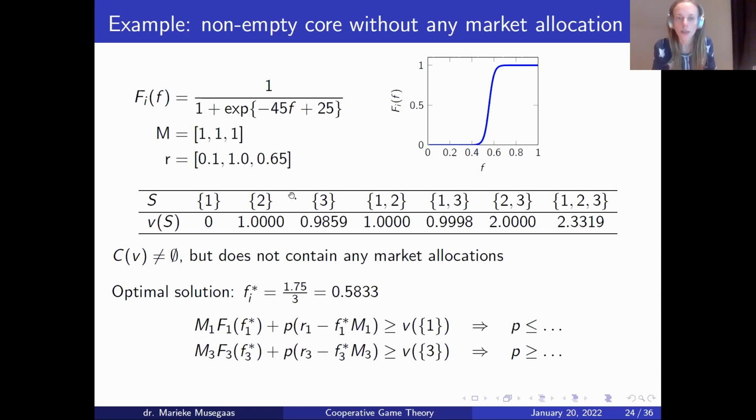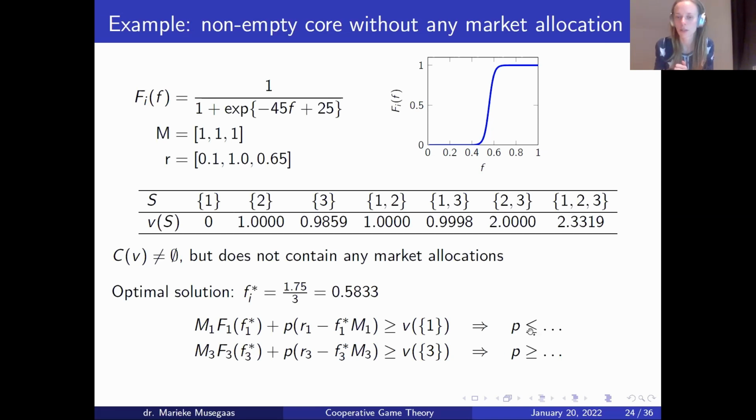Country 3 has to sell some resources. Initially they had 0.65, now 0.58. So they give away resources, so they have a lower bound for how much they want for their vaccines. They want at least this amount.